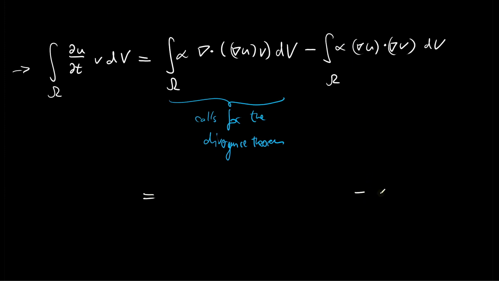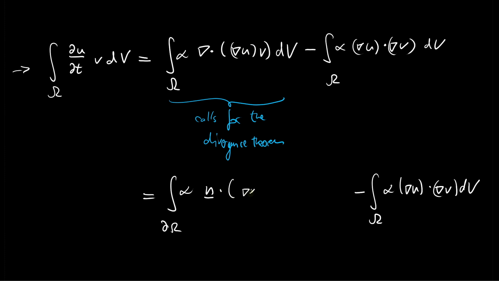So we keep the second integral, which was the integral over omega of alpha and then gradient u dotted with gradient v integrated over the volume. And here we will get a surface integral over the boundary of omega, and then we keep our alpha, and now we will have the outward facing normal unit vector, multiplied with this expression here, gradient u times v, and then integrated over the surface.